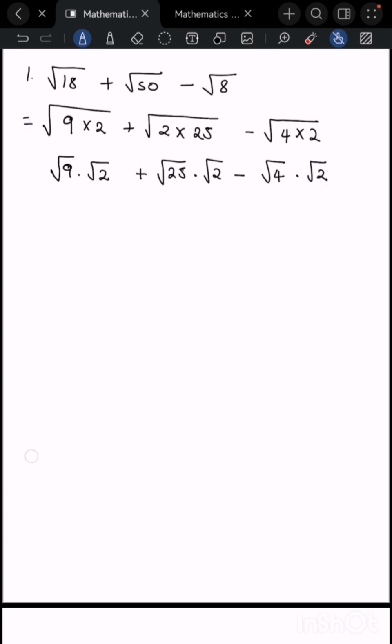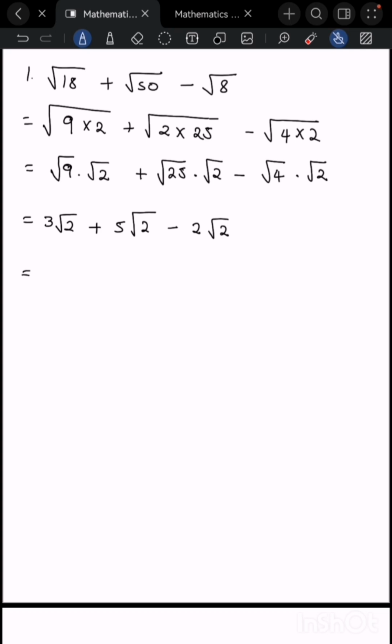The square root of 9 is 3, so we put 3 times the square root of 2, plus the square root of 25, which is 5, times the square root of 2, minus the square root of 4, which is 2, times the square root of 2. Right? So everything has a square root of 2.